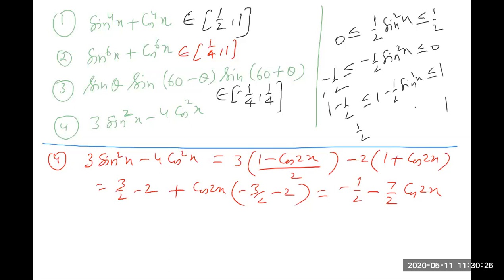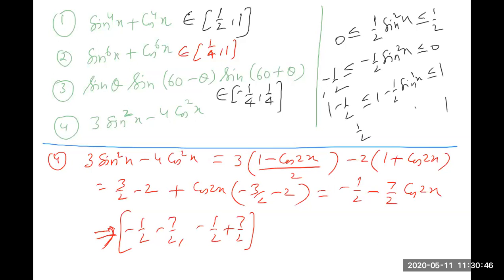So minus half is constant. Minus half minus 7 upon 2, minus half plus 7 upon 2: B minus A to B plus A. This will be the range. Minus half is constant. Cos 2x can be 1 and minus 1.